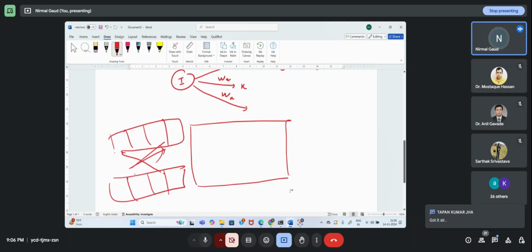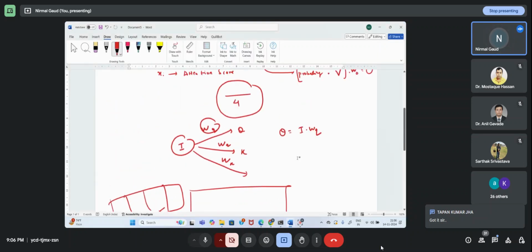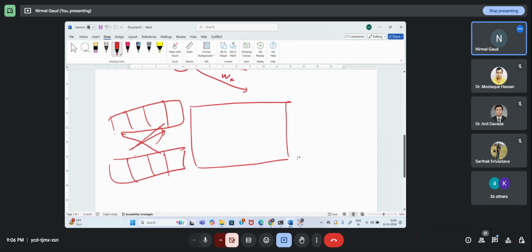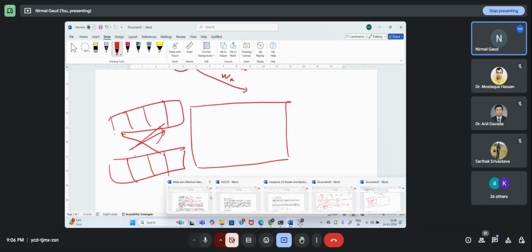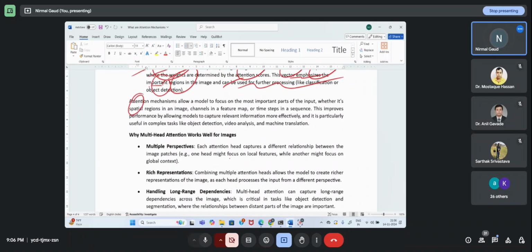Now let me talk about more important things. As I told you, we follow the attention mechanism to focus on the most important parts in the input, whether they are spatial regions in an image or a channel in a feature map.